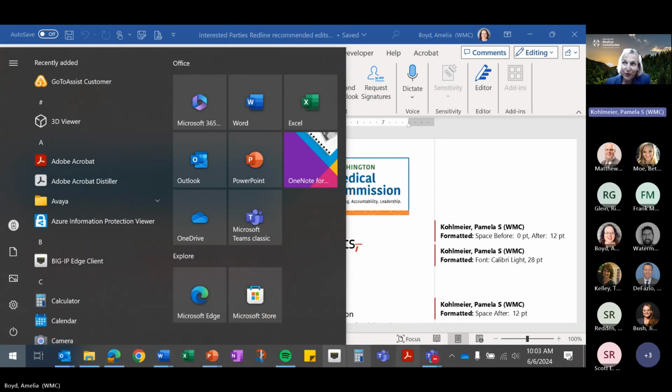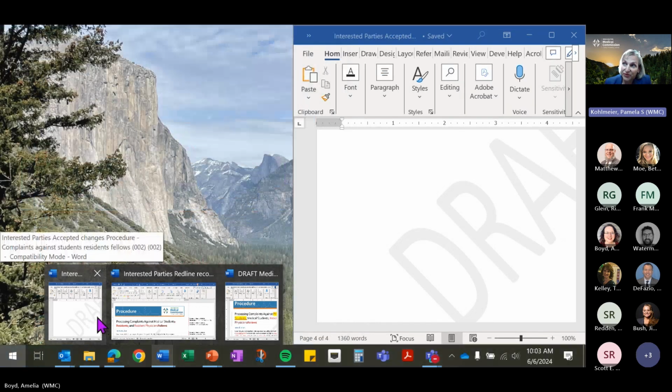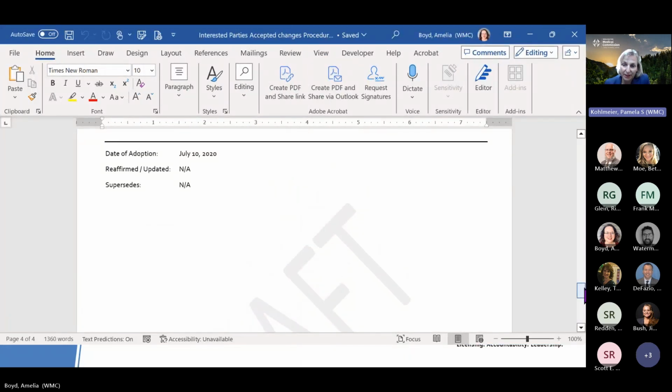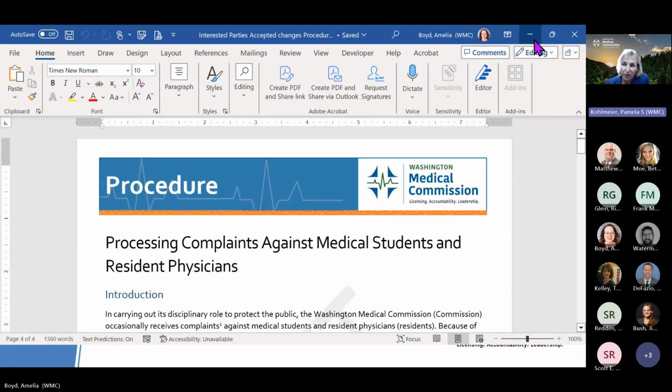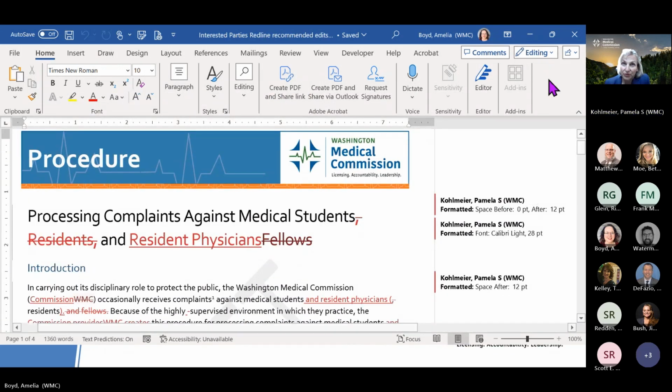Okay. So this is the procedure on processing complaints against medical students, resident physicians, and currently it says fellows as well, but for multiple reasons, it seems like that might be appropriate to drop off. The biggest reason being that fellows have already gone through medical school, so they've learned about ethics and boundaries and standard of care.